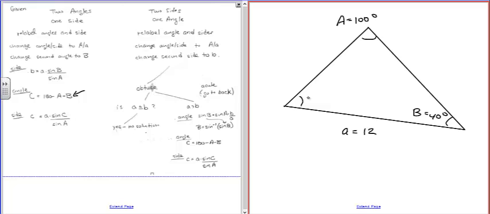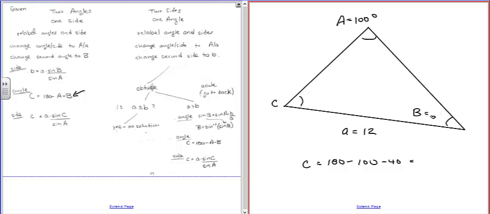So like I said, you could find angle C here. Angle C is going to be equal to 180 minus 100 minus 40, which is 40. Let's change that so it's not exactly the same. Let's pick 35.